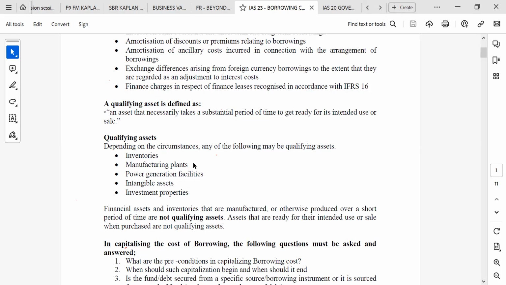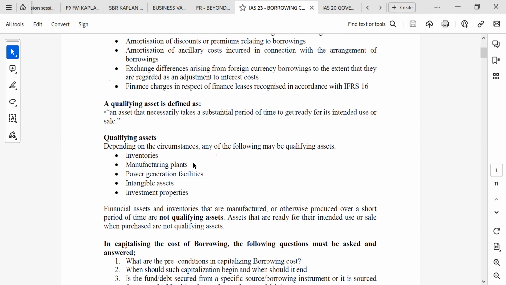So if you take a loan to finance the development of software, which is going to take some time to be ready, you capitalize the borrowing cost relating to the development period of the intangible. We also have investment properties. We can also acquire an investment property and carry out certain work on it before it will be ready for use.